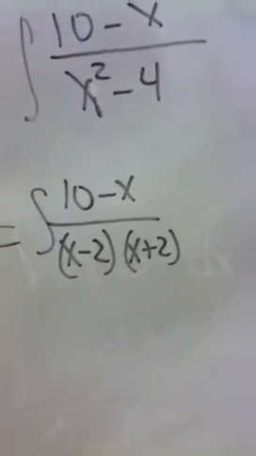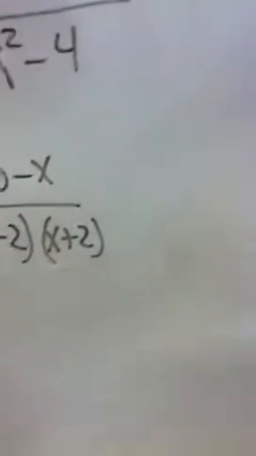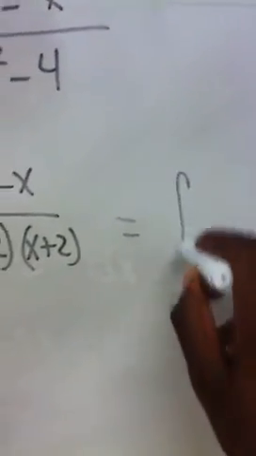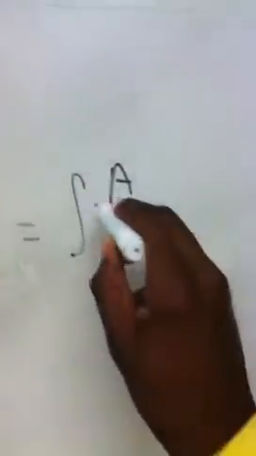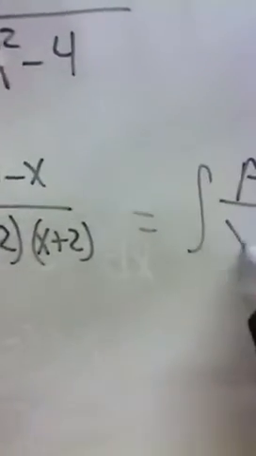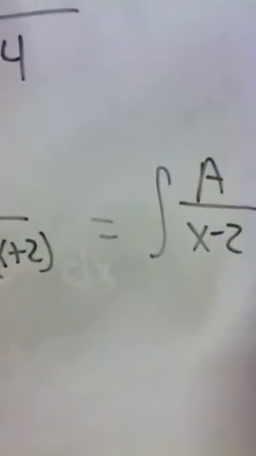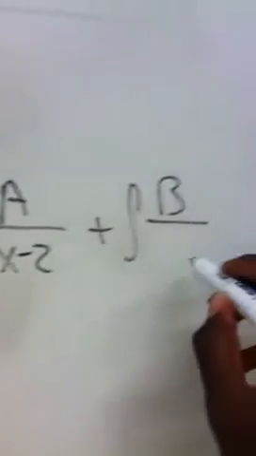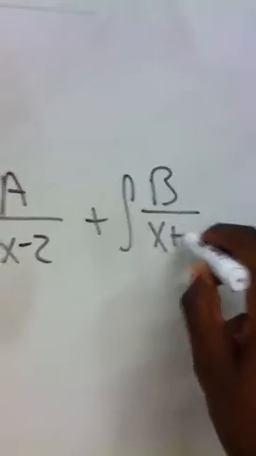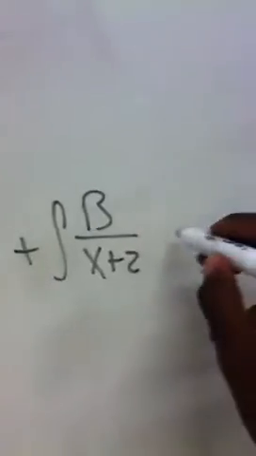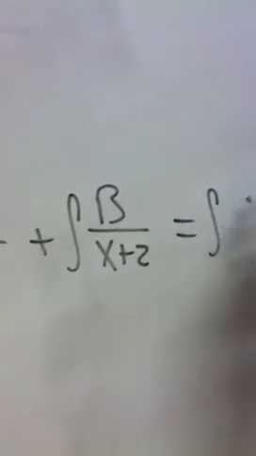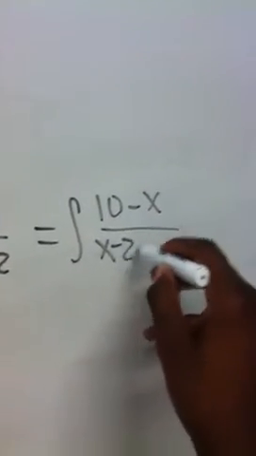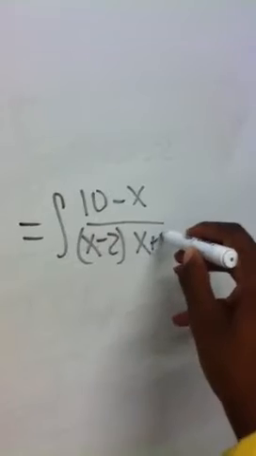After you do this, you're going to set that equal to the integral of A over the first one, x minus 2, plus the integral of B over x plus 2, the second one, which is going to be equal to the integral of 10 minus x over x minus 2 and x plus 2.